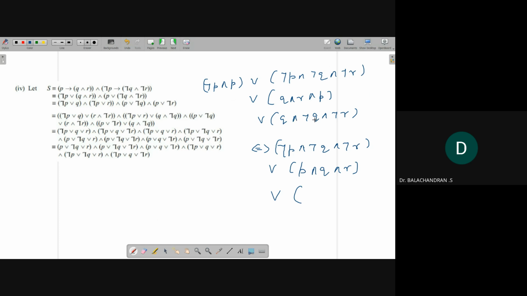This is false, and the negation R is false. So that's why I also don't get this term.